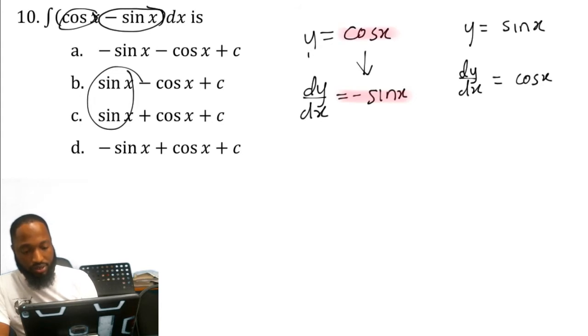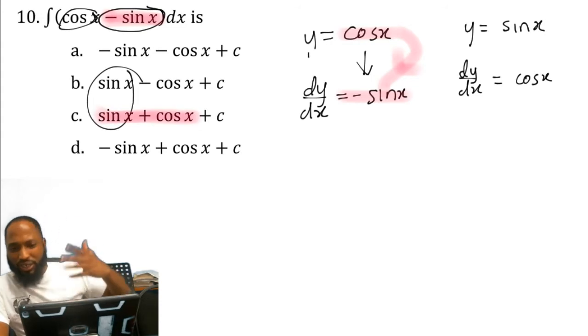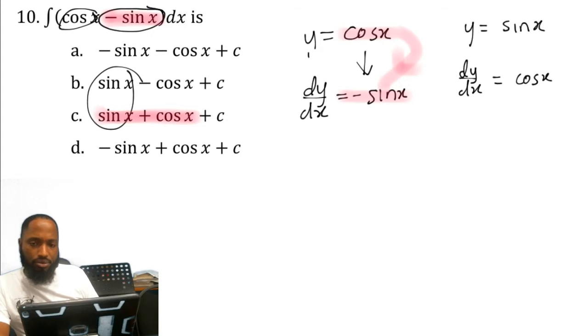You differentiate this, you're getting that. So now if I integrate this, I should get back positive cos x. So the answer is this. It changes sign. So the answer is C.